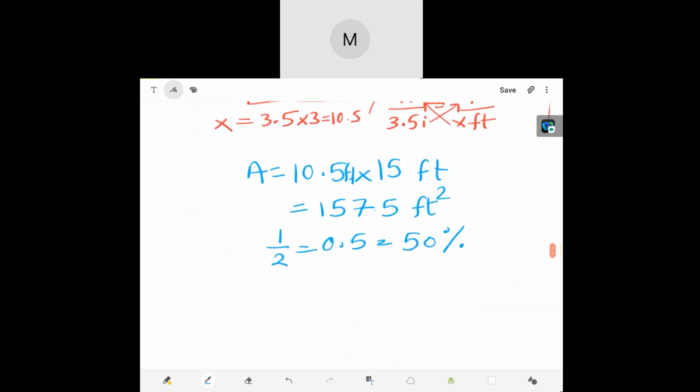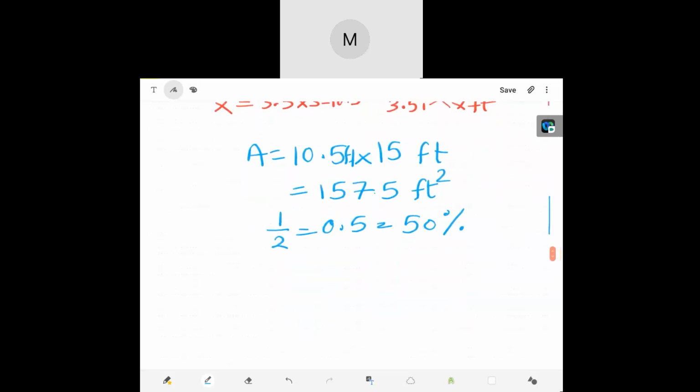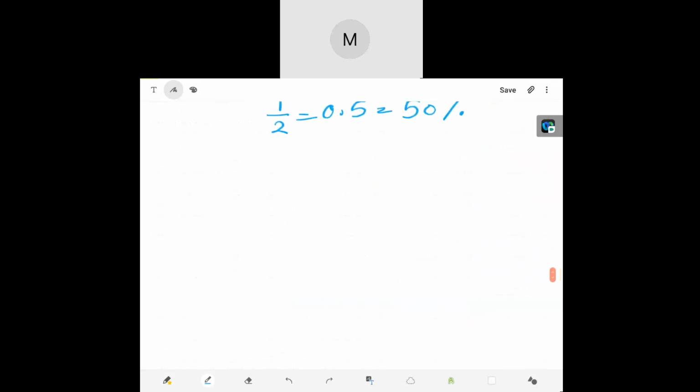So let's just say this time we're talking about a map, and in the map they're telling us that 1 mile is 1.6 kilometers. Now, in reality, let's just say the distance between two countries is 1060 kilometers. Then how much is that in miles?